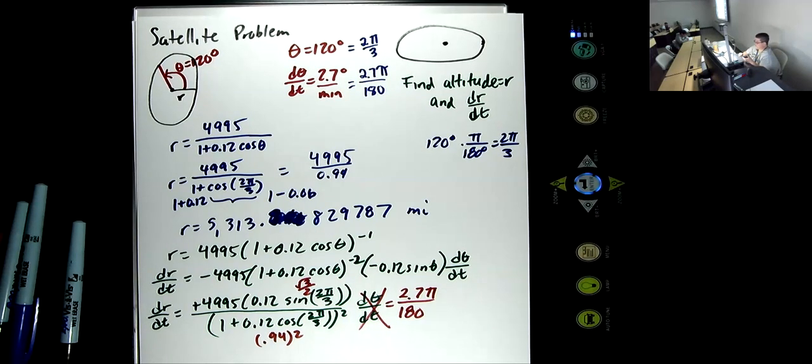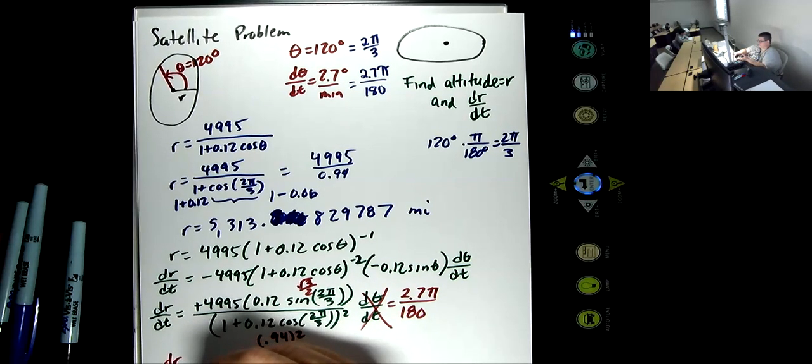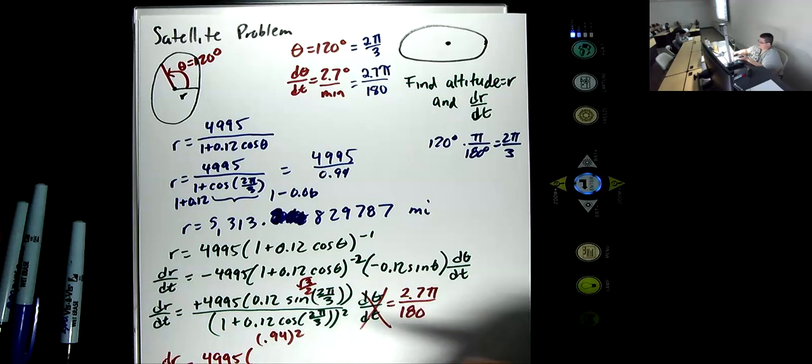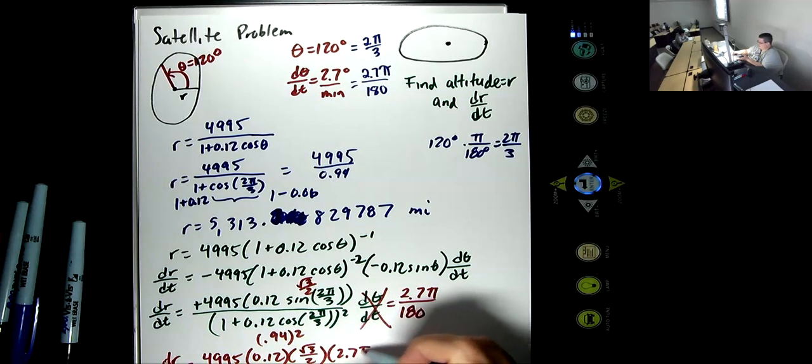We got a lot going on here. Let's just clean this up so we can see what we're looking at. I've got 4995 times 0.12 times root 3 over 2 times 2.7 pi.